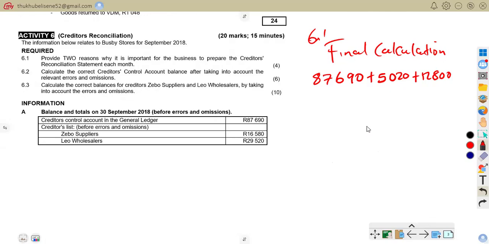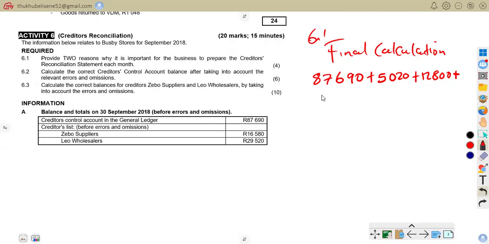So the 12,800, if you can remember, that was a missing invoice. Then we have to add it. We were to make sure that our purchases is going to increase, whereby you're going to increase our creditors. So that was with this amount, 12,800.